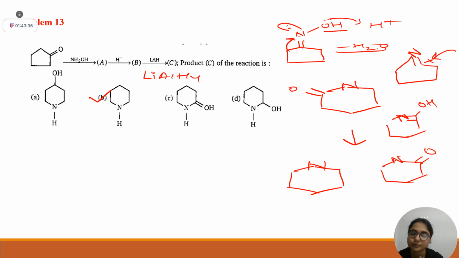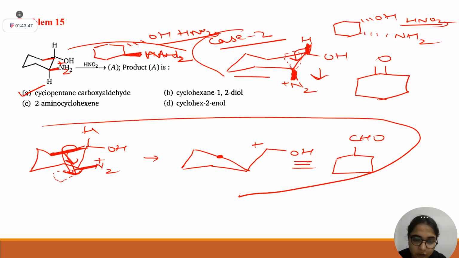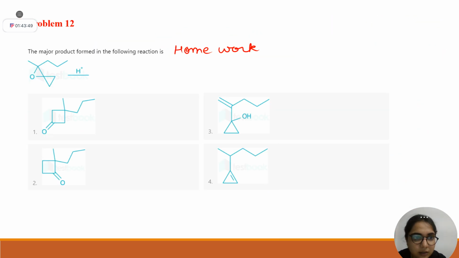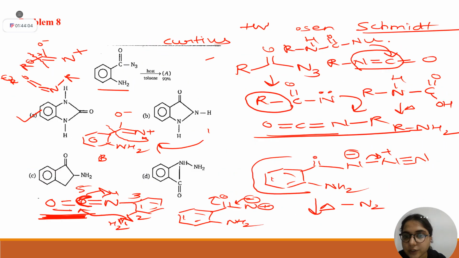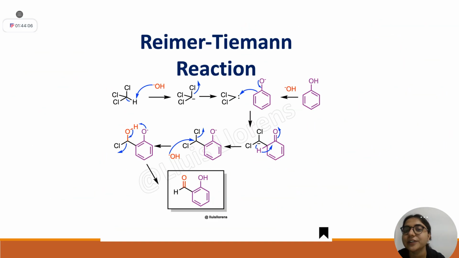I will take all your doubts, whatever mechanisms I have left in today's class, like Baeyer-Villiger oxidation, and one more, modified Julia olefination. You read from Clayden. If still not clear, I will explain in the next class. Because for today, too many reactions we have already covered.